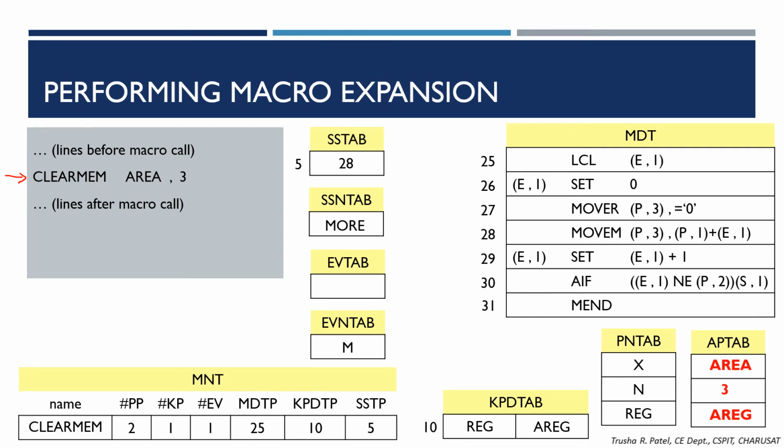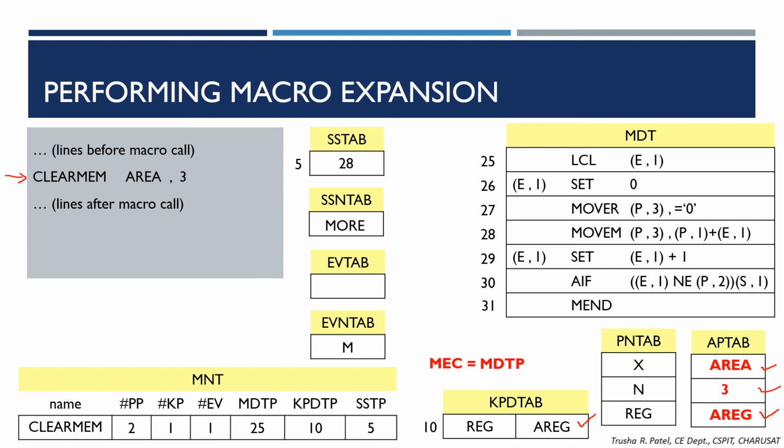So AREA will be the first actual parameter, then 3 is my second actual parameter, and we are not having the third parameter. For the third parameter, I already have a default value, that is AREG. So that AREG will be copied in the third parameter in the actual parameter table.